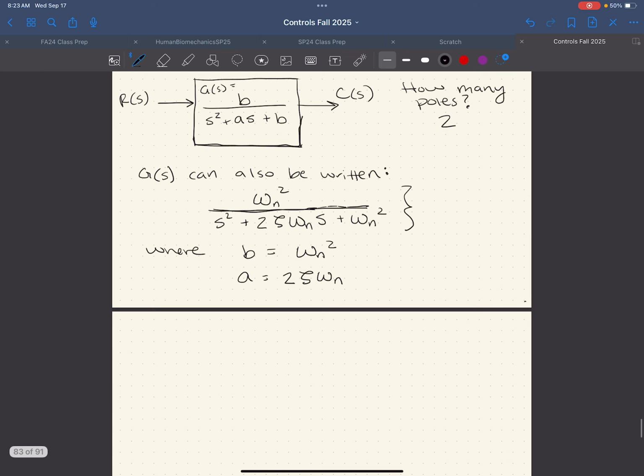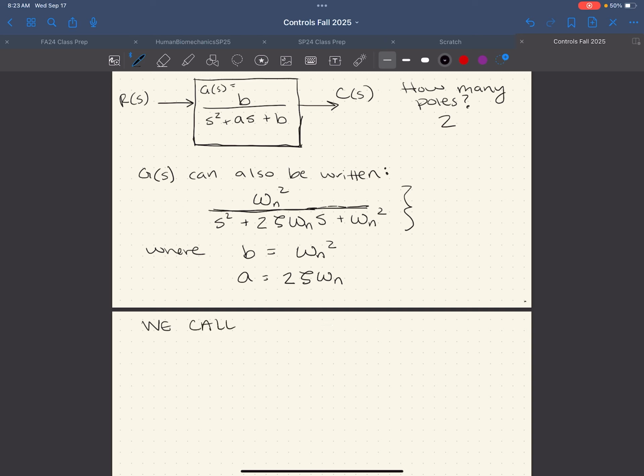So what you're going to see next is a deep dive on what is omega n, and then a deep dive into what is zeta and what the effects of these two values are on our system response. So first I'm going to start out with omega n.